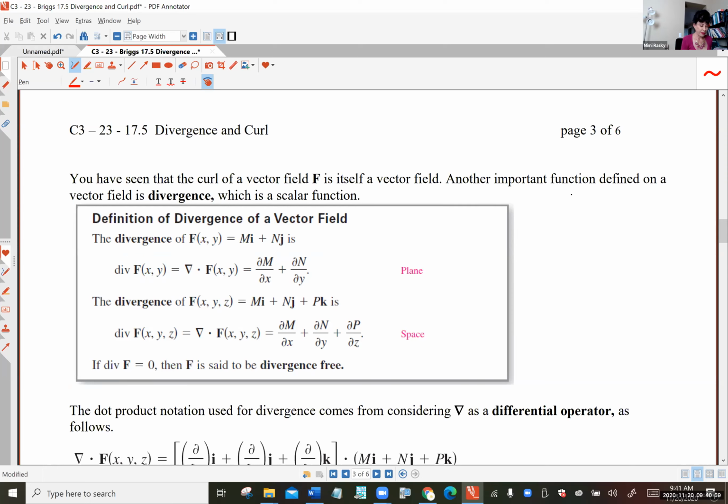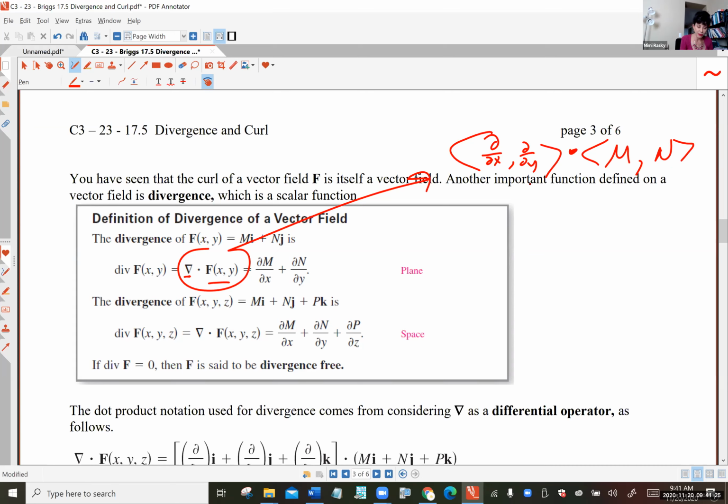It's easy. For a 2D vector field, you take that hollow differential operator, the one that's just d/dx, d/dy, because it's 2D, and you take the dot product of it with the vector field. So basically, if I do this in slow motion, you're taking this differential operator and doing the dot product with the vector field.